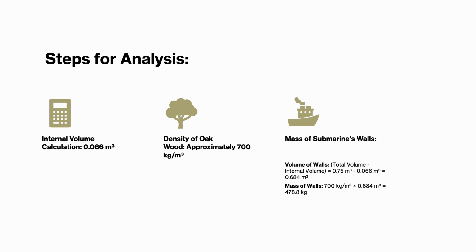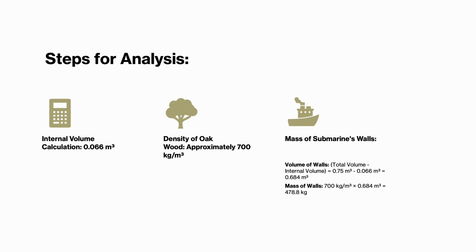As I mentioned earlier, first we need to calculate the internal volume, which is equal to 0.066 cubic meter. Our material is oak wood, and the density of oak wood is approximately 700 kilogram per cubic meter. Now we want to calculate the mass of the submarine walls.